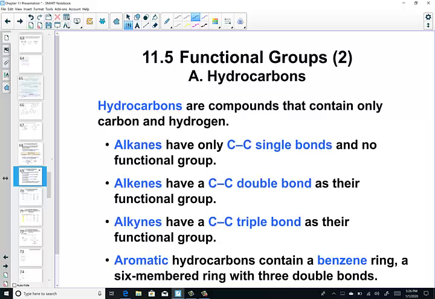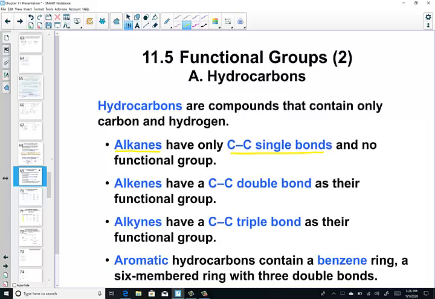Hydrocarbons are compounds that contain only carbon and hydrogen. Now, they come in a variety of features, and it all depends upon the bonding within the carbon backbone. As I've said these terms before, the term alkane represents compounds that have only single bonds between all of their carbons.